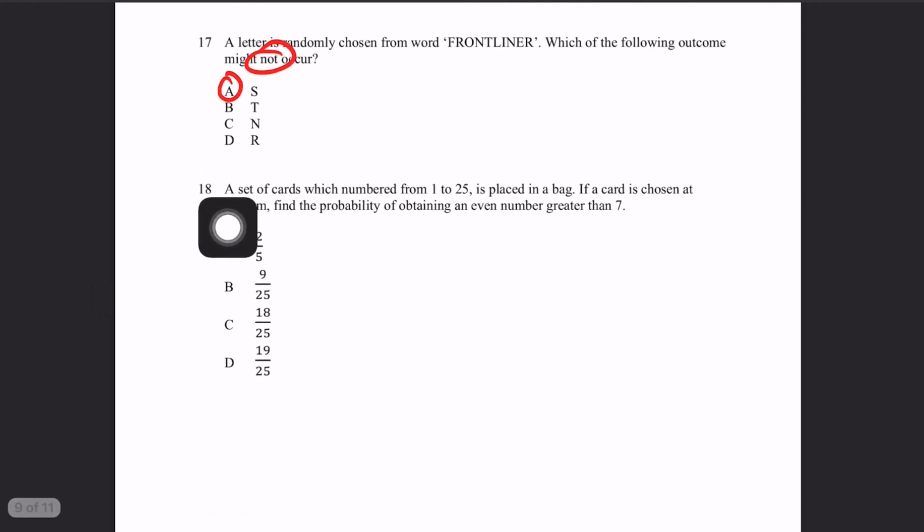Okay, next, number 18. Probability. A set of cards which numbered from 1 to 26 is placed in a bag. If a card is chosen at random, find the probability of obtaining an even number greater than 7. Okay, so greater than 7.